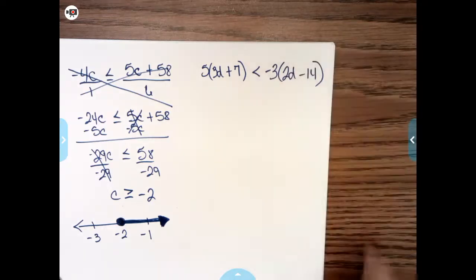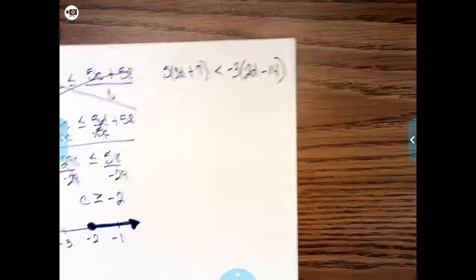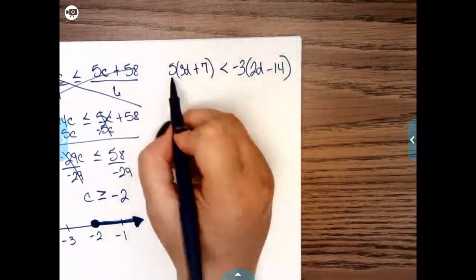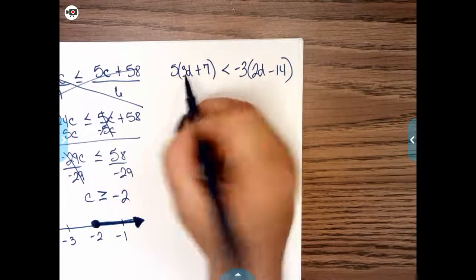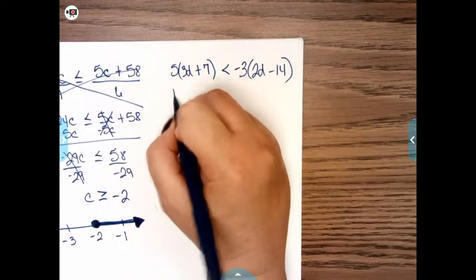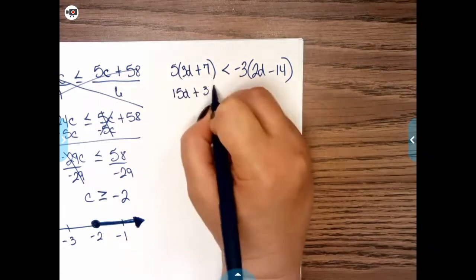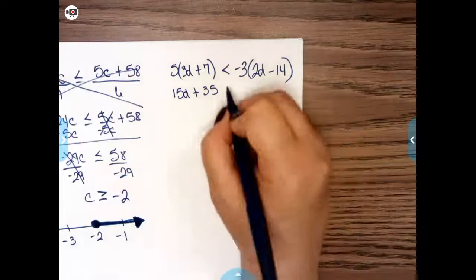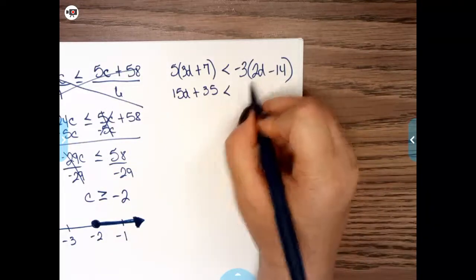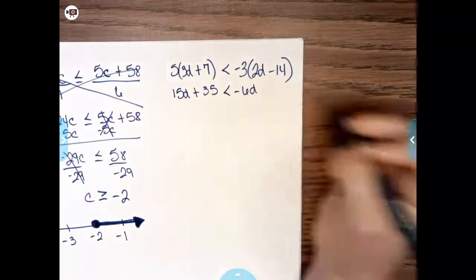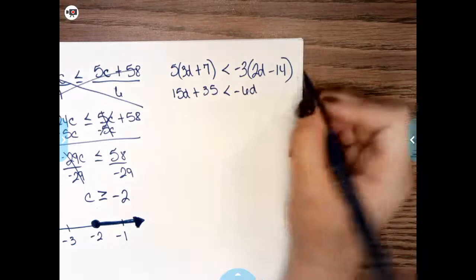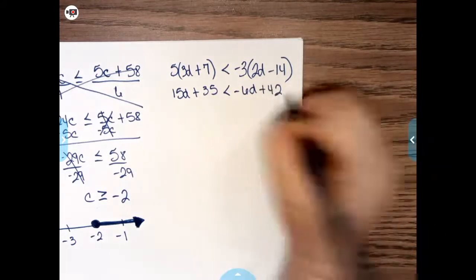Okay, so as you can see, we've got to distribute. We're going to distribute 5 times 3D is 15D plus 5 times 7, 35. Less than negative 3 times 2, negative 6D, negative 3 times negative 14, positive 42.